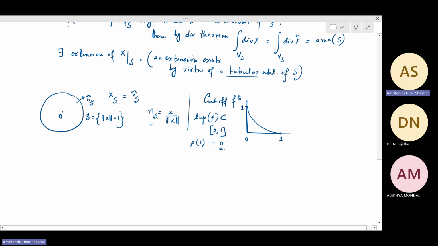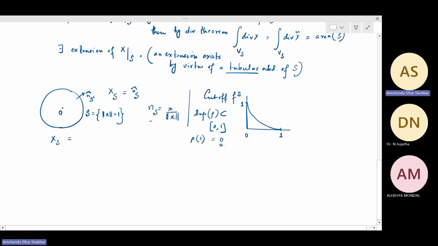Okay. So now you can define a vector field Xs, where Xs is basically defined in this way. So Xs is a vector field on D3, on basically the unit disk.